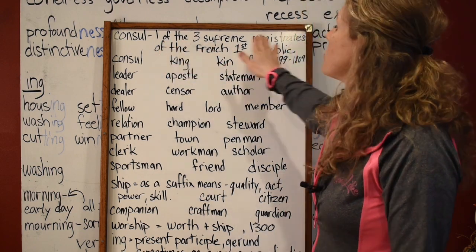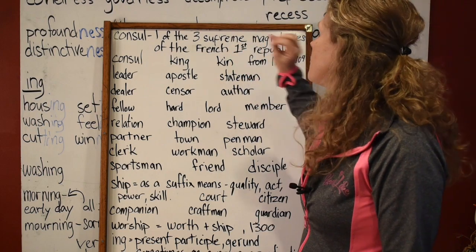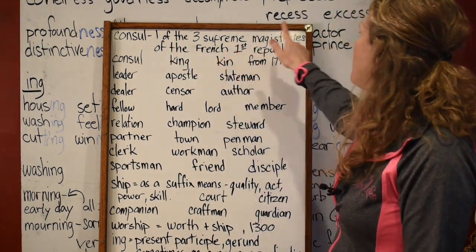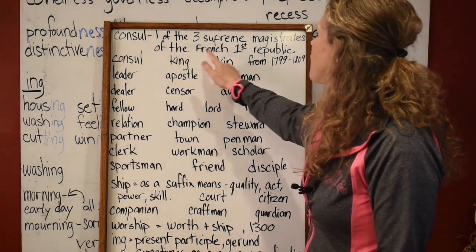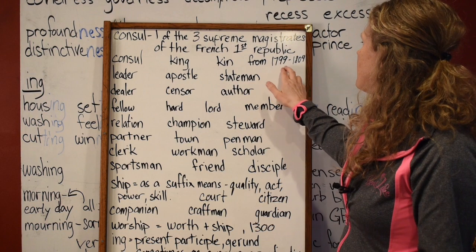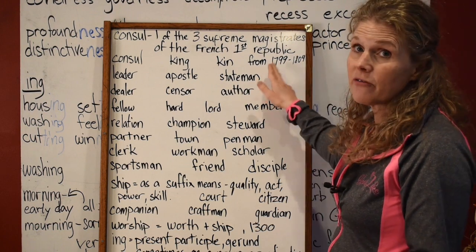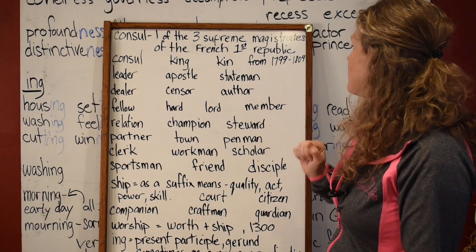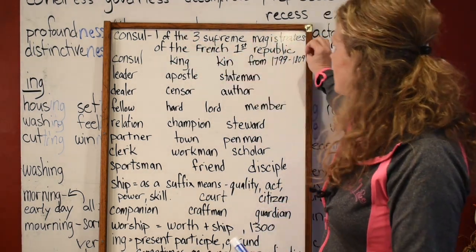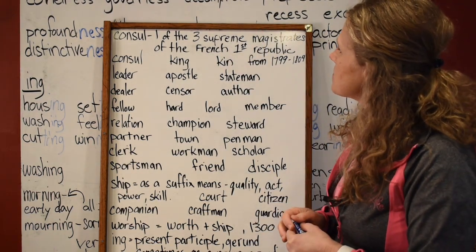Now, this has multiple definitions, but I just put out one definition for now. It's one of 3 supreme magistrates of the French First Republic. And this happened in 1799 to 1804. Not a very long time that they had one of the 3 supreme magistrates. So that's one definition of consul.